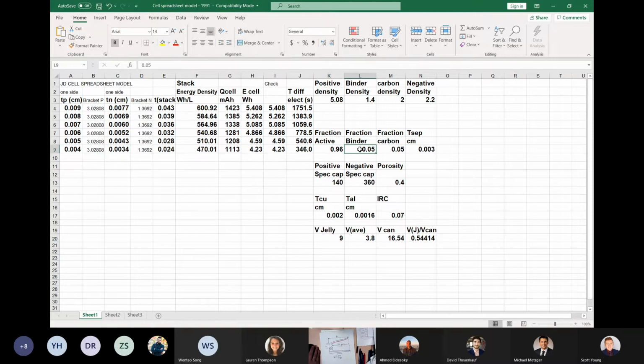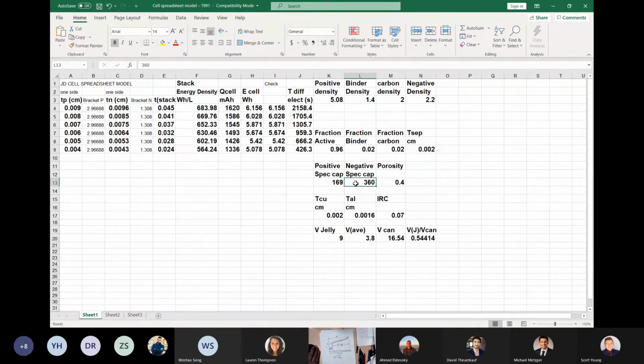And that means we have to reduce the binder fraction to 0.02. And the carbon fraction to 0.02. And the separator thicknesses start to come down by about 0.002, sorry, 20 micron. And people started charging to 4.3 or 4.35, so that was about 160.